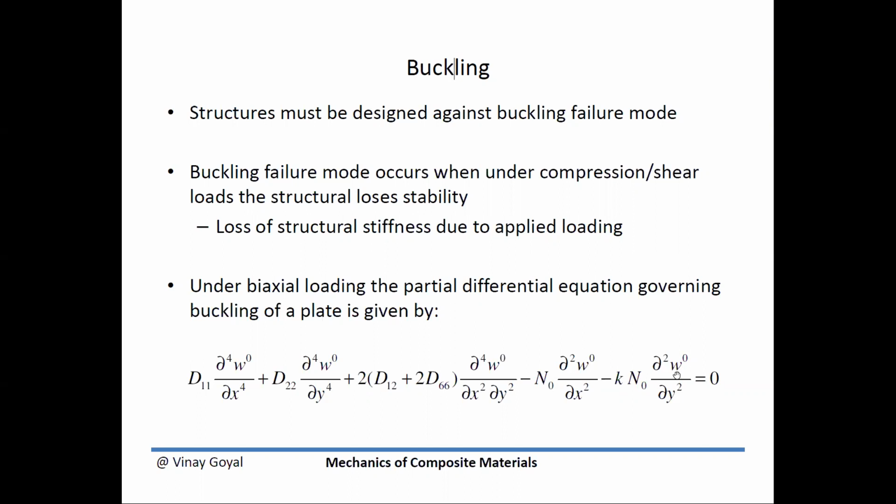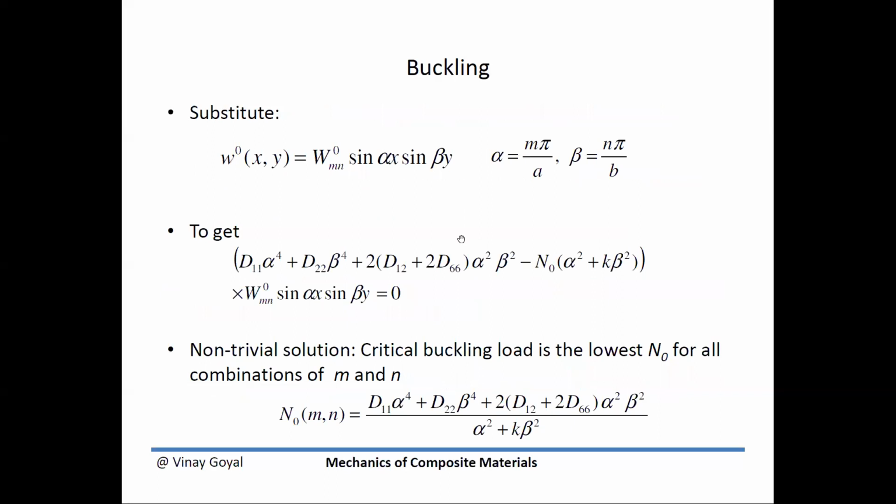And so what we want to do now is solve this equation, figure out what the buckling load is, and again, we'll substitute a spatial trial function that looks like this. It's an infinite series. In this case, there's no e to the i omega t because we're not solving a dynamic problem. We'll substitute this into this equation, and then this will become a coefficient.